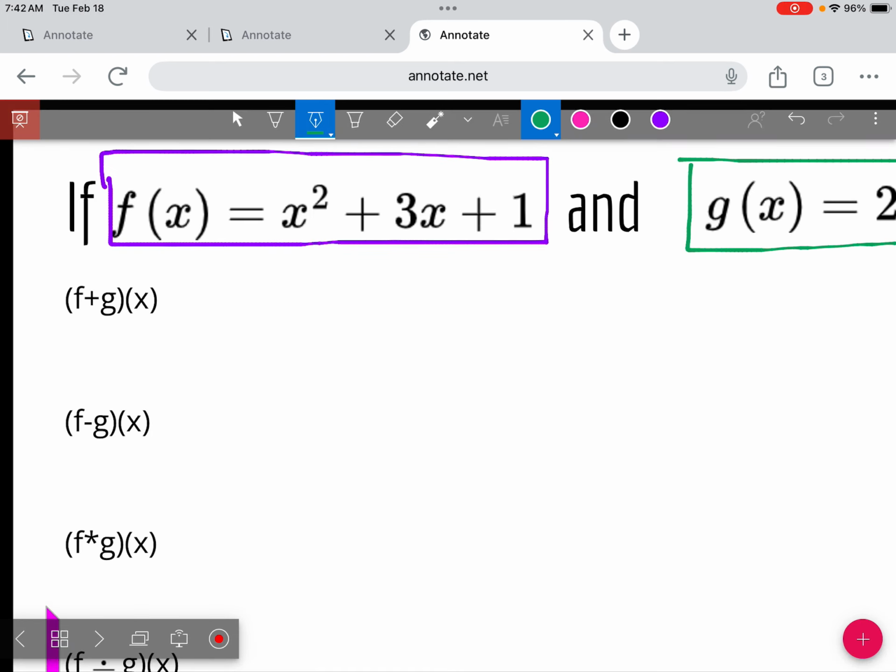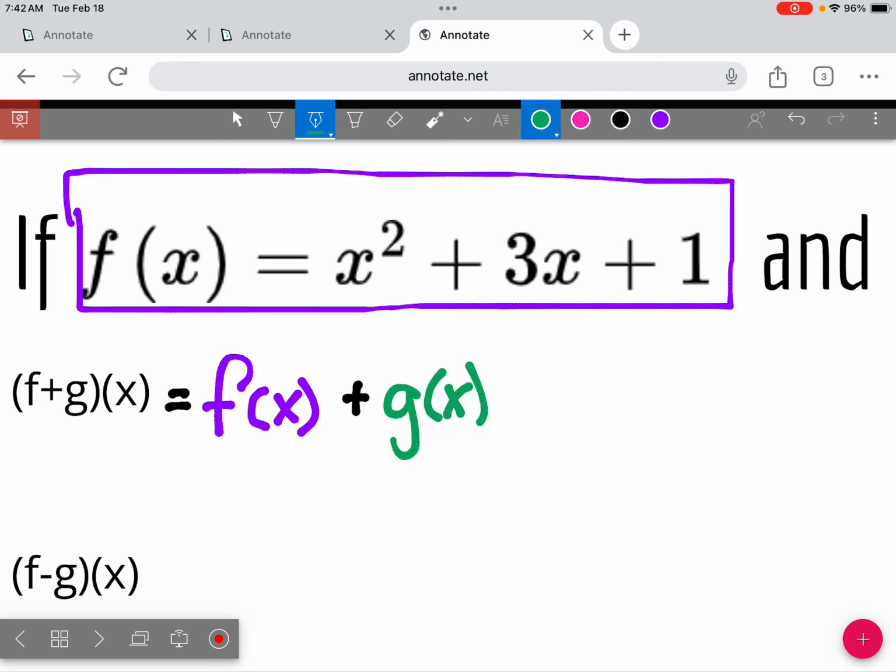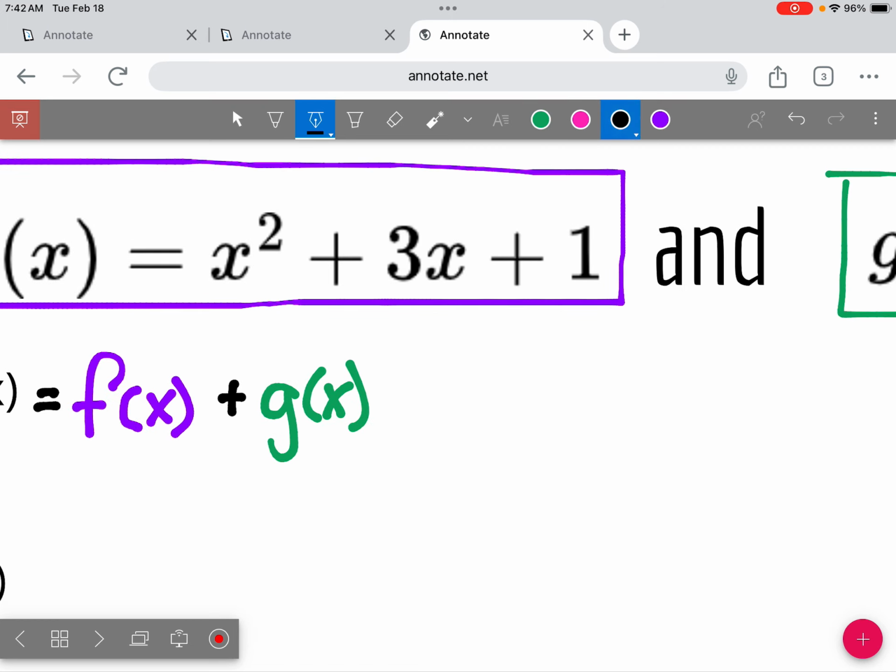Okay. And we're doing those same operations. We're going to do f plus g of x, we're going to do f minus g of x, f times g of x, and f divided by g of x. So when we're looking at our f plus g of x, that's our f of x plus the g of x. I made my pen a little bit thicker so I won't write small this time.